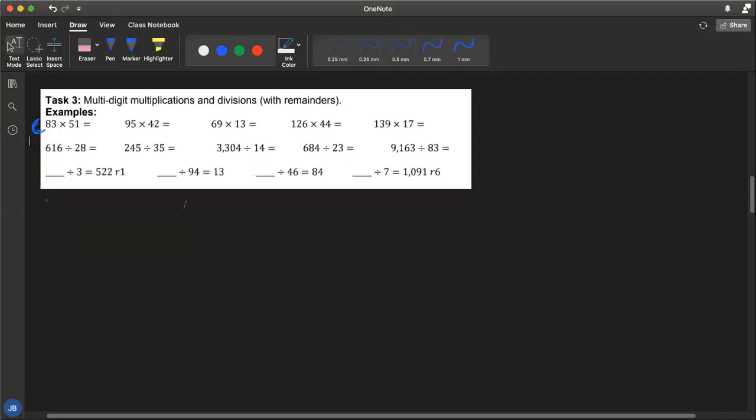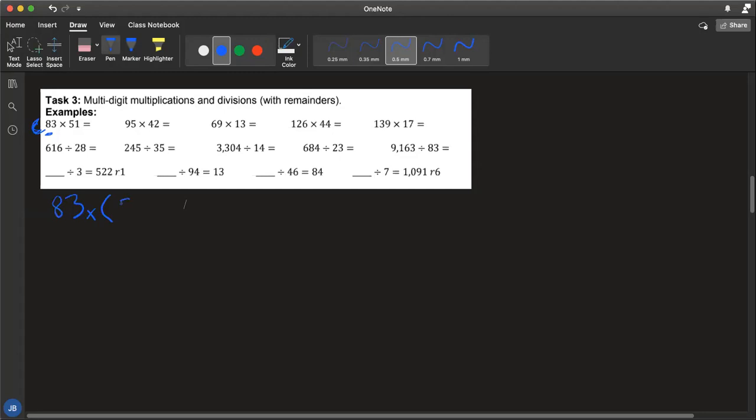Okay, here, I'll help you out. So when we were doing the distributive property earlier, we took this first number and we usually left it the same. So what if we took 83 and then times it by, and can you think of two numbers that add up to 51 that will make it easy to multiply by? 25 and 26. So 25 and 26 aren't bad, but what if we did a little bit easier?